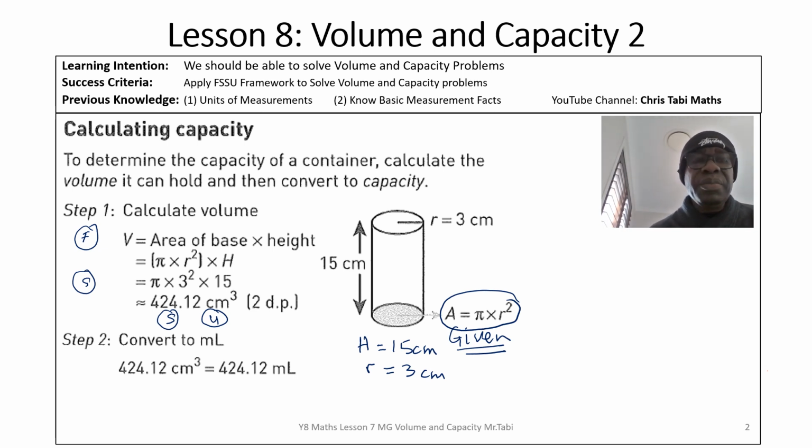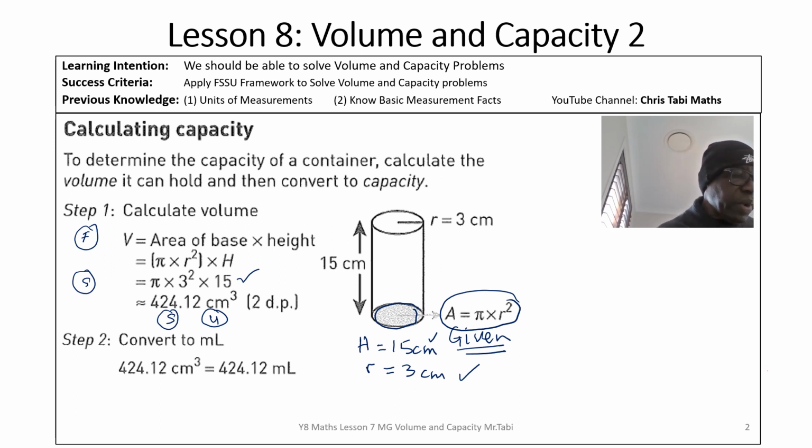Okay, so the area is that of a circle. So that's pi r squared multiplied by h. Our r is 3 centimeters, so we substitute that. H is 15 centimeters, we substitute that there. You perform this calculation using your calculator. Let's confirm that.